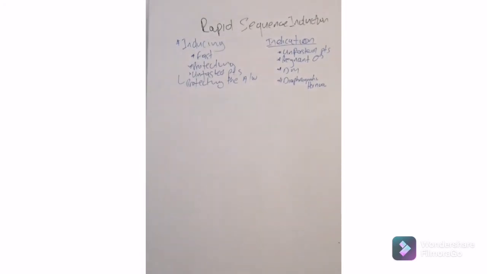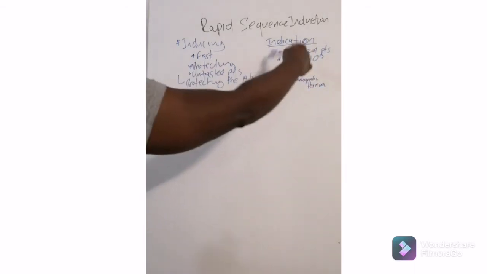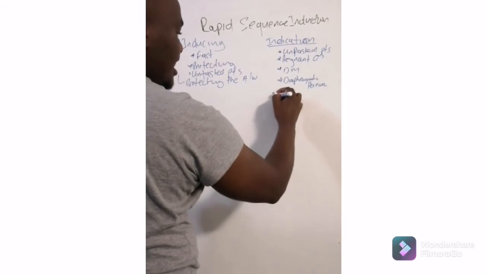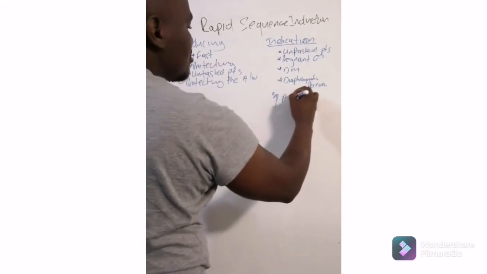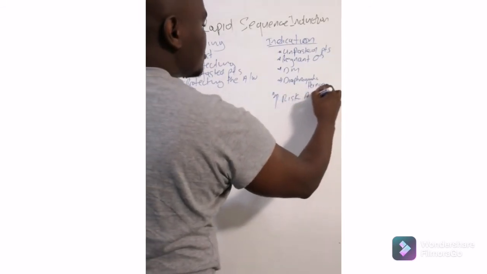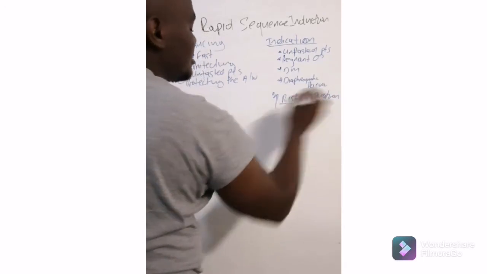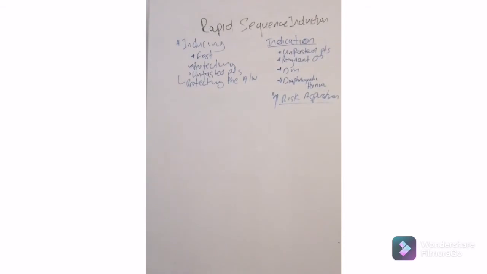Okay, now why? So basically these patients, because they are regarded as unfasted, have a high risk of aspiration. That's why they need to be done rapid sequence, right?